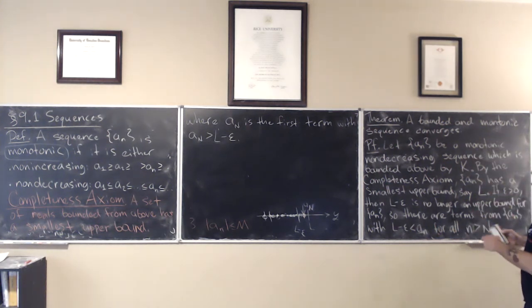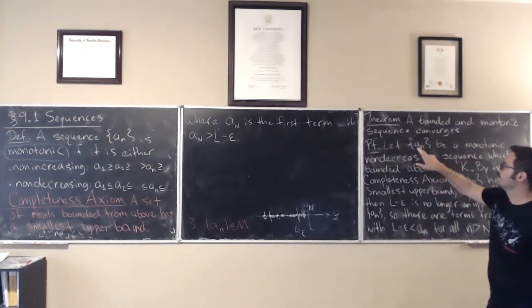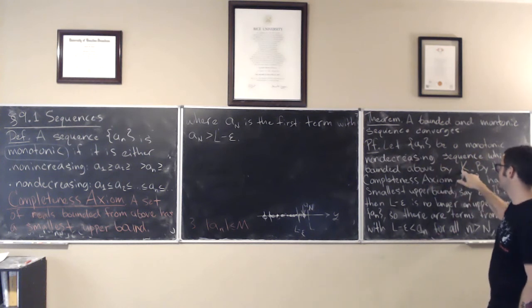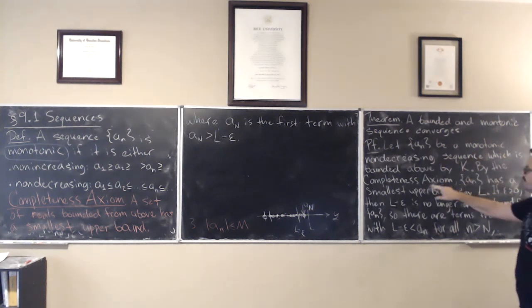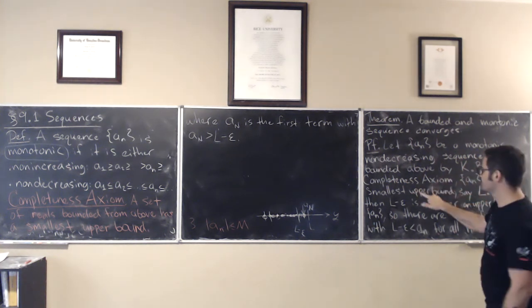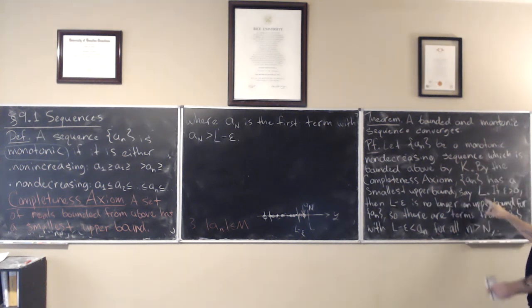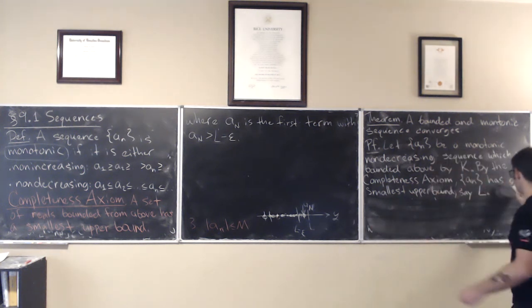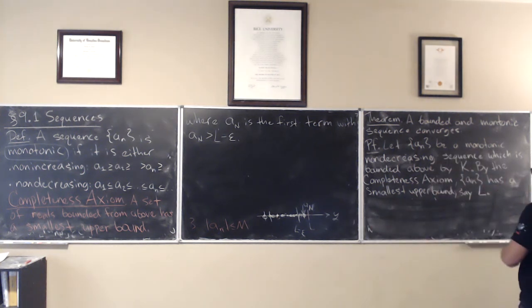So let's take a moment, come back up to here. Let this a sub n be a monotone, non-decreasing sequence, which is bounded above by k. By the completeness axiom, this collection of real numbers has a smallest upper bound, call it L. Now, I'm going to fix what I have here and make it read much nicer. I'm just really picky about this since I am a mathematician. So we call it L. This is the least upper bound.